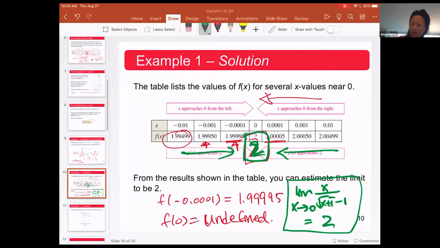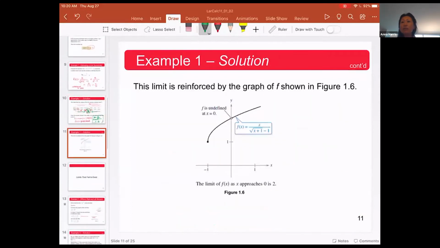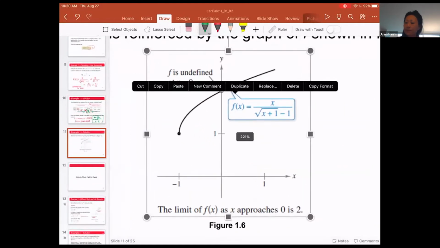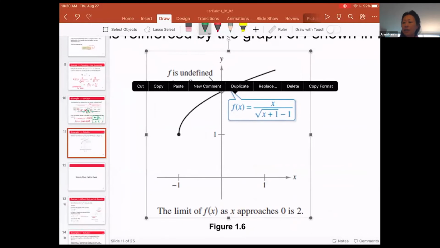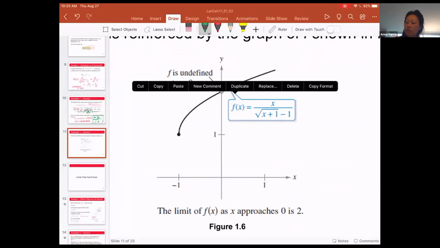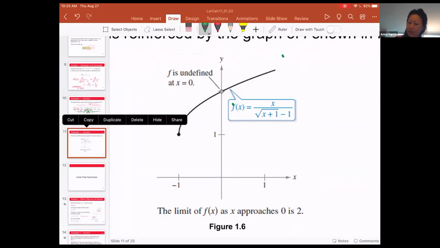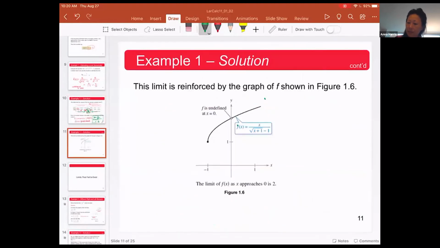Does it make sense to you, class? So this is the graph. Okay, did you see the graph? When you're looking from the right-hand side, there's a circle, so I'm just going to draw a line.